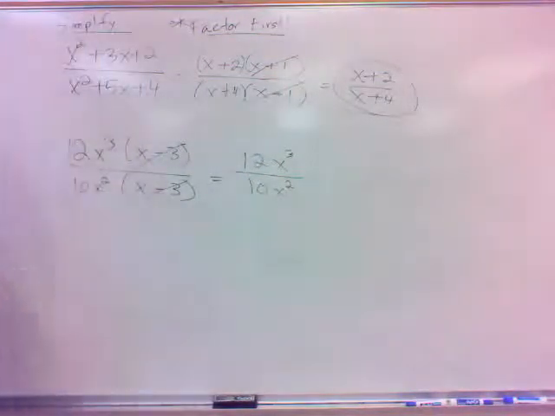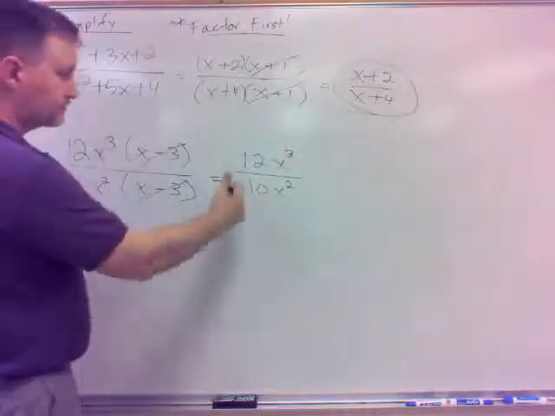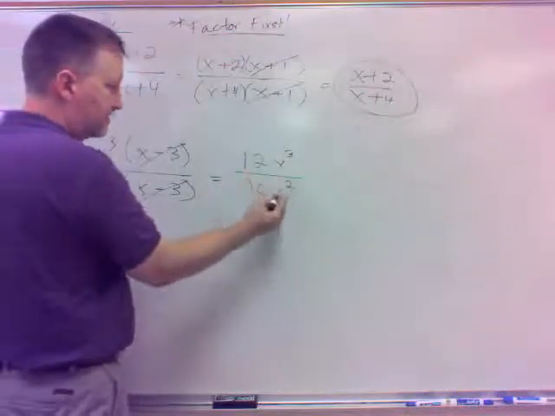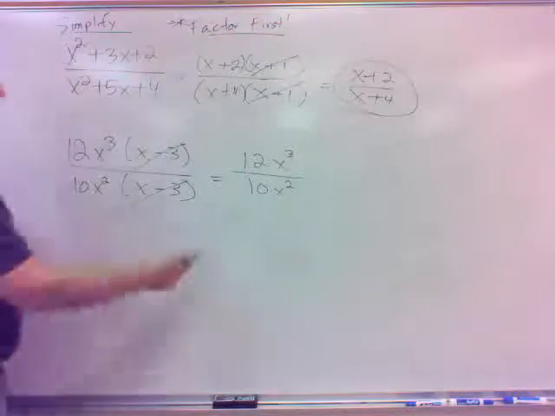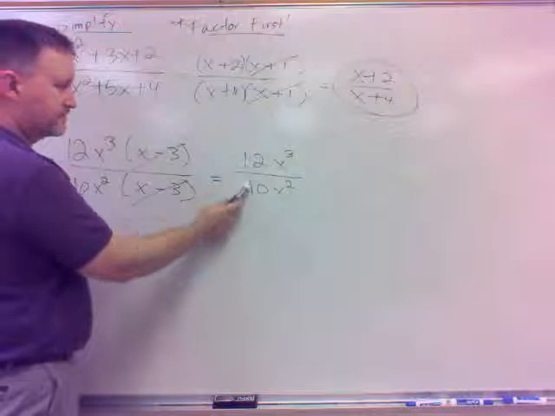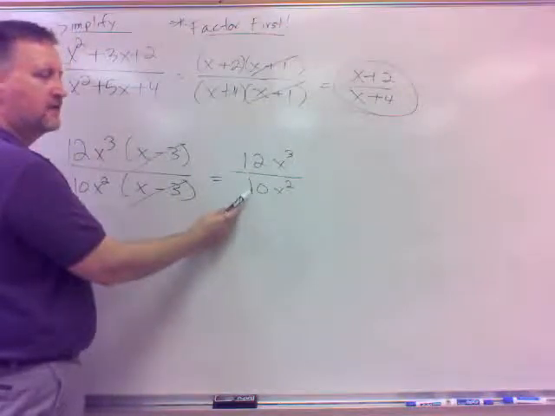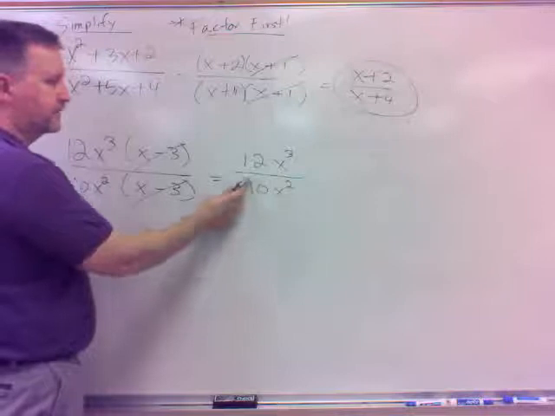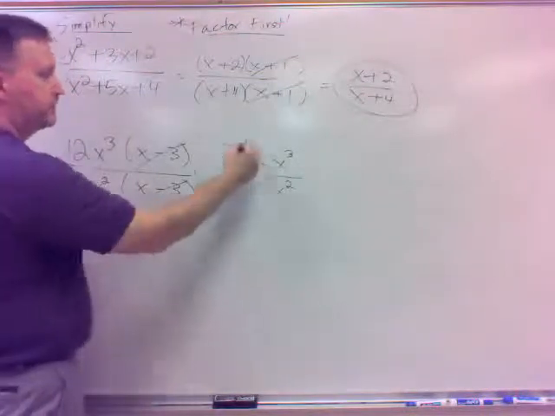What's left is 12x cubed over 10x squared. Anything happening there? I can factor those separately, however you need to think of it, but I can reduce, that's just 12 over 10, just like a regular fraction now. I'm not talking binomial. I'm just talking regular fraction now, so I can cancel like a regular fraction there by 2.